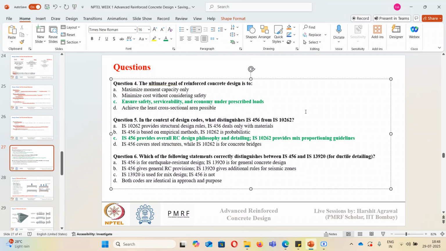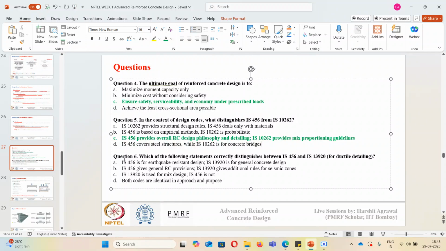It covers the basics of structural design, durability, detailing, and loads, while IS 10262 focuses more on the mixture design of concrete, which helps us to determine the proportion of cement, sand, aggregate, water, and admixtures that we need to achieve a desired concrete grade.